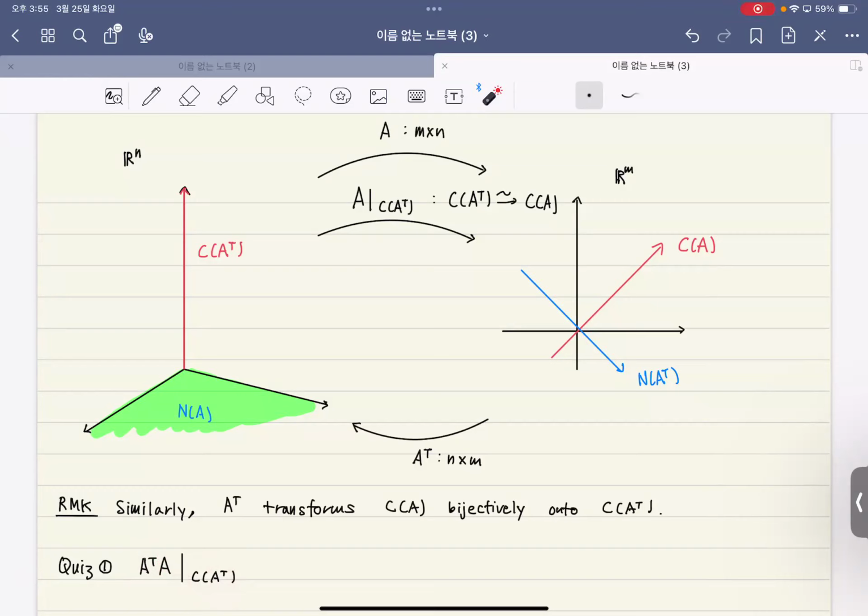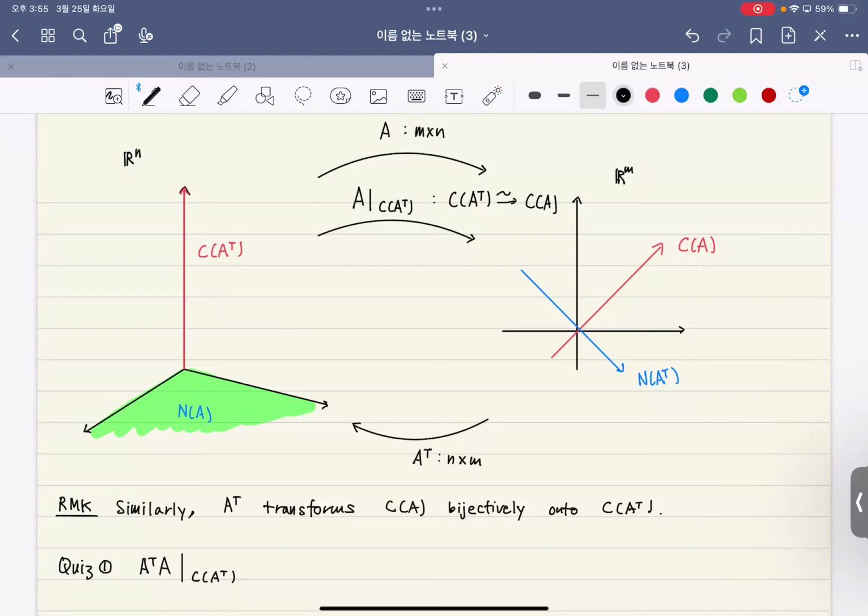This symbol implies that under this linear transformation the row space is being bijectively mapped into the column space. After that, under A transpose, it is being mapped bijectively onto the row space, right? So this is a map from the row space to the row space.